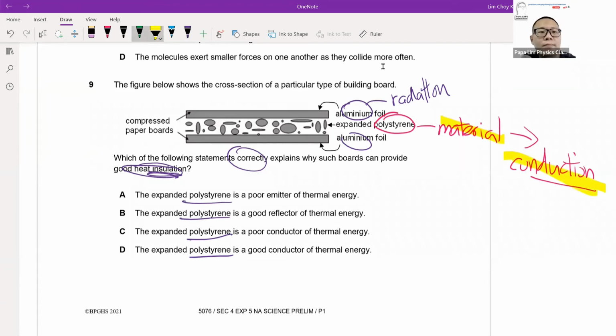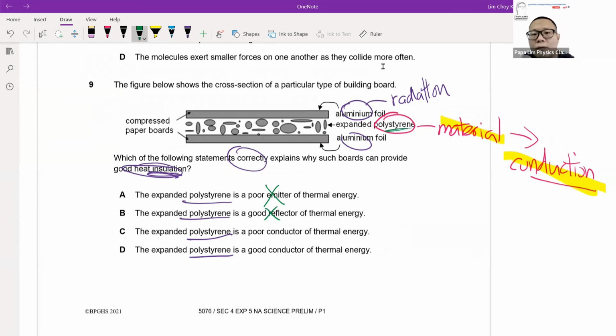So emitter and reflector are out of the question straight away. Polystyrene is a material with small pockets of air inside, and it is actually a bad conductor because of the material.